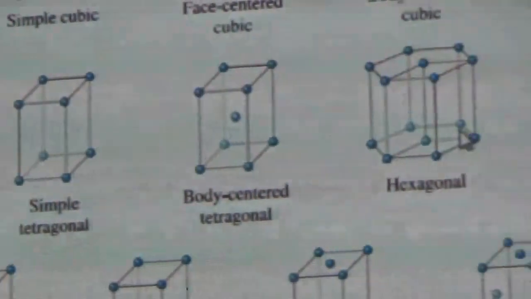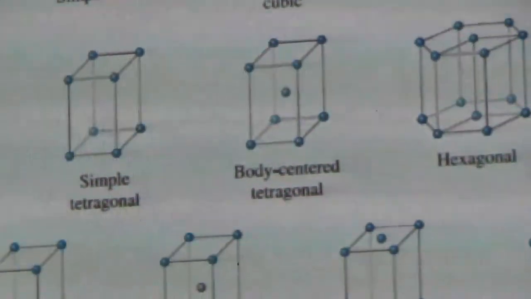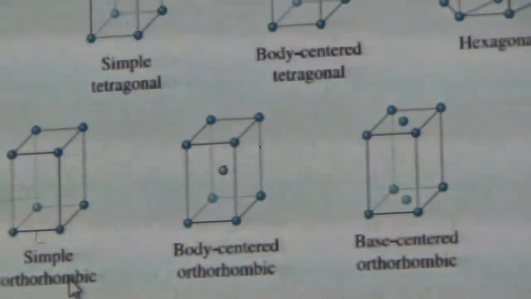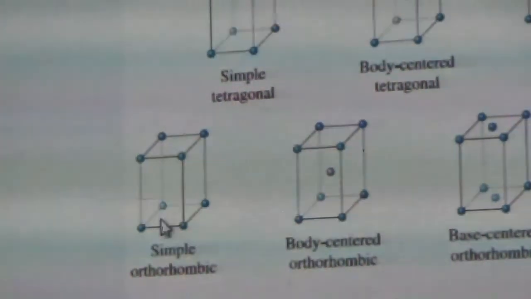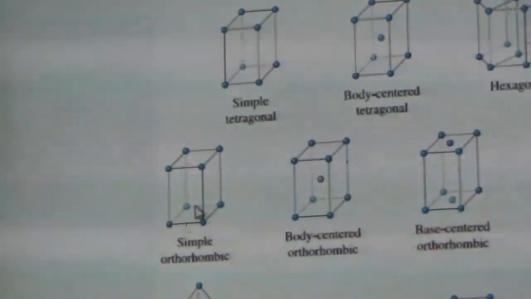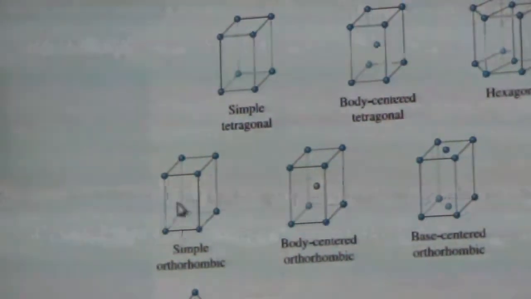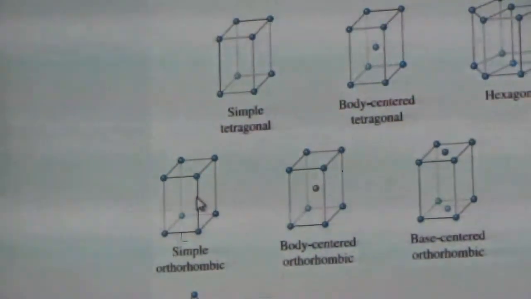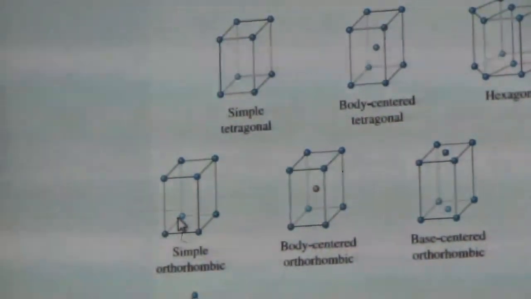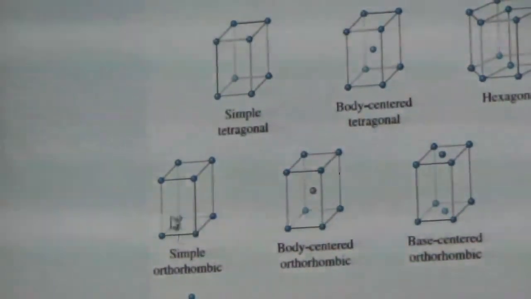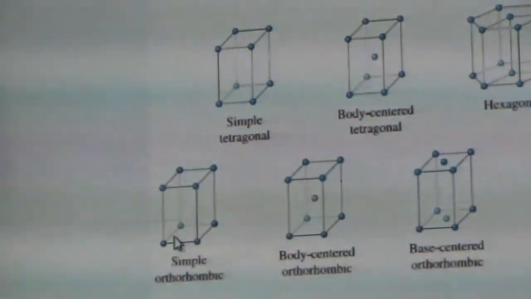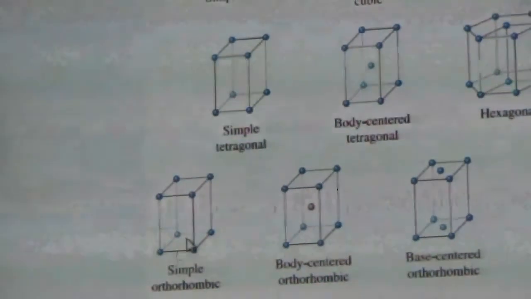This is the hexagonal case. In simple orthorhombic, what happened? The values of a and c are equal, and the values of two angles are equal, and this angle is much larger than these two angles. Means a and c are equal, but not equal to b, and the values of alpha and beta are equal, but not equal to gamma.